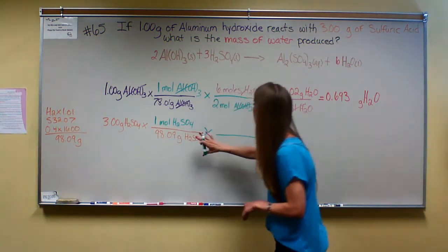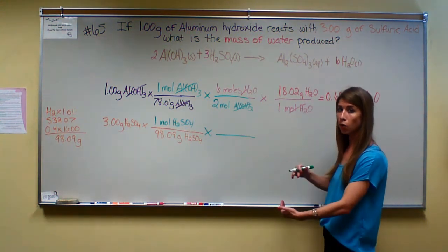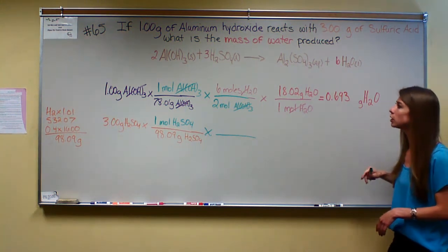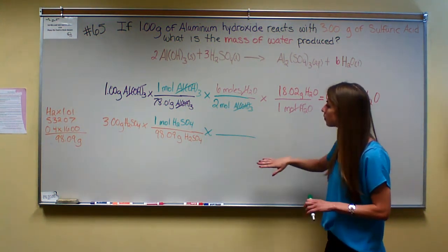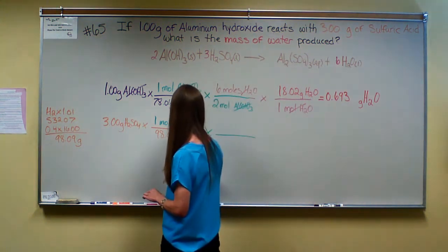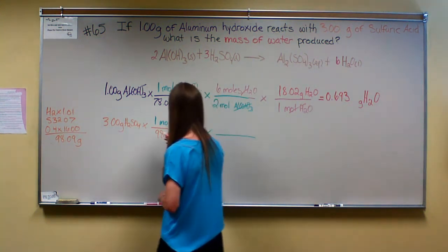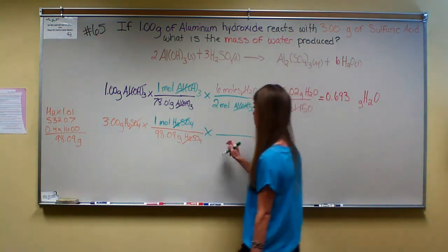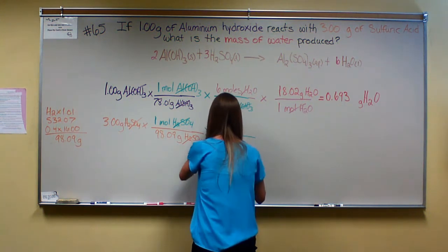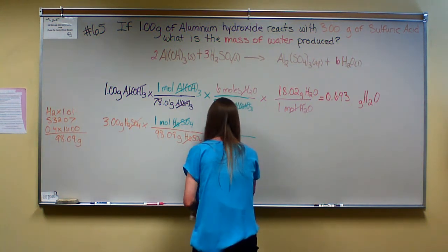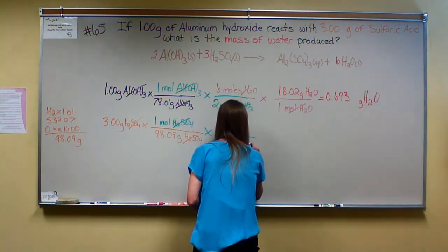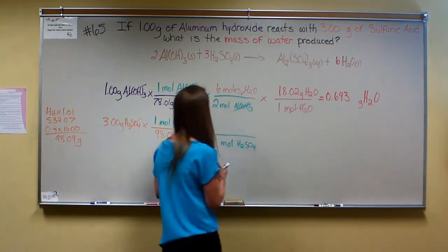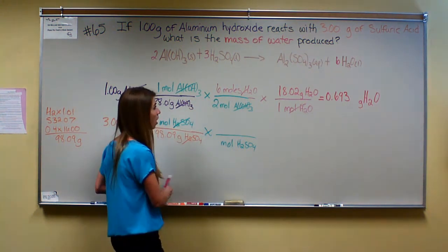Again, we're going to convert now from our moles of sulfuric acid into our moles of water, which gets us just a little bit closer to solving our equation. So we know that we want to cancel out the moles of sulfuric acid, so we're going to go ahead and put that in the denominator. 1 mole of H2SO4 is equal to how many moles of water?